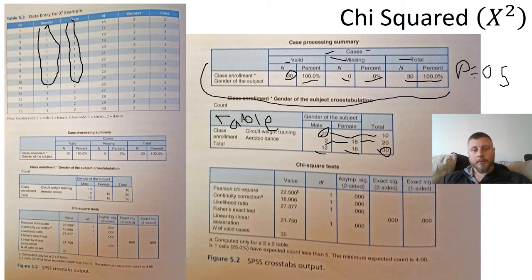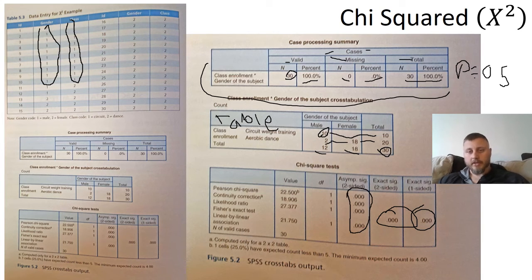Down here, what we want to see is a couple of numbers. Obviously, we want to see the significance values. And then you can see the asymptotic, or asymmetric, whichever, significance values. You can see they're all zeros, which means that they're below the 0.05.